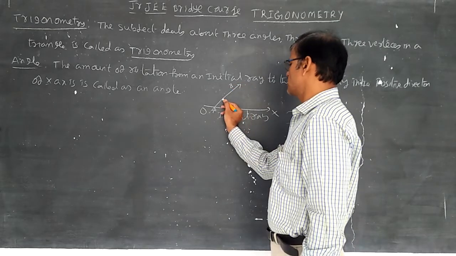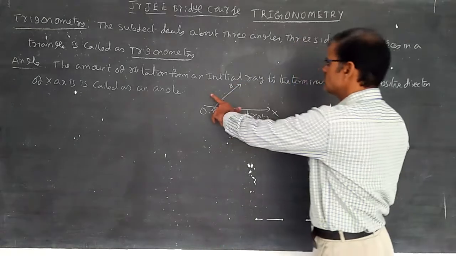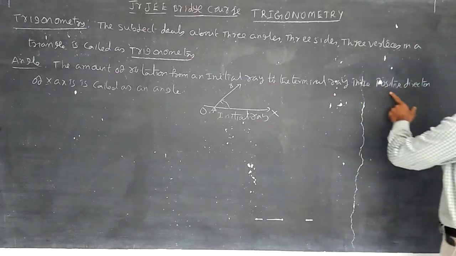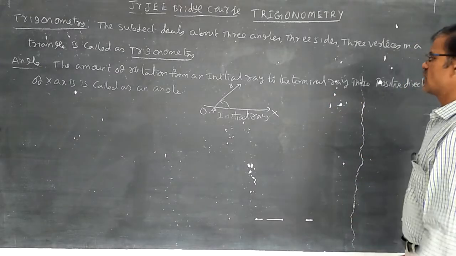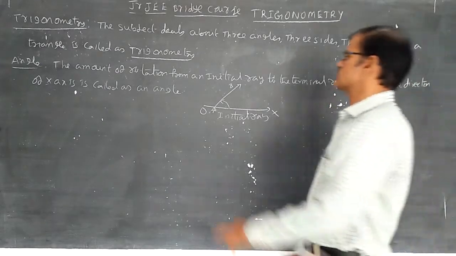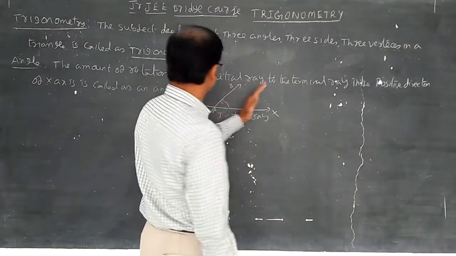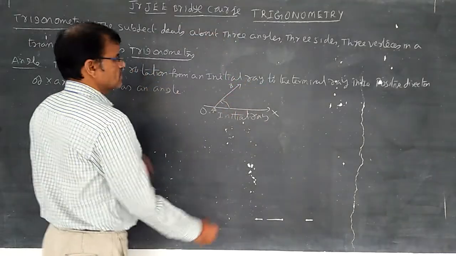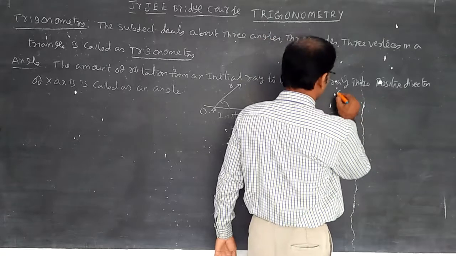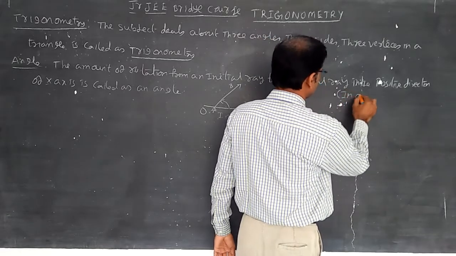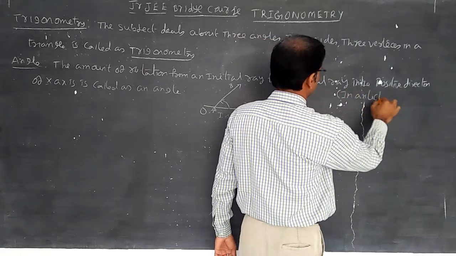This angle is the amount of rotation from the initial ray to the terminal ray in the positive direction of x-axis, and that too in the anti-clock sense. In anti-clockwise we should write.